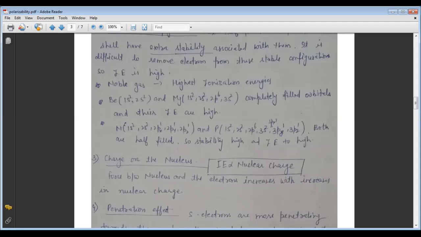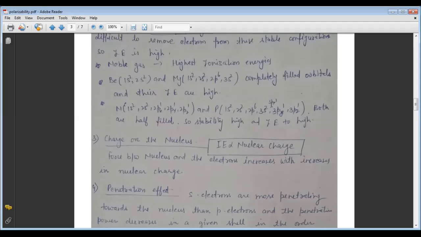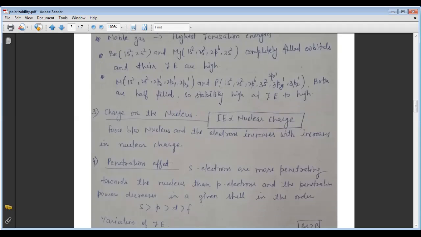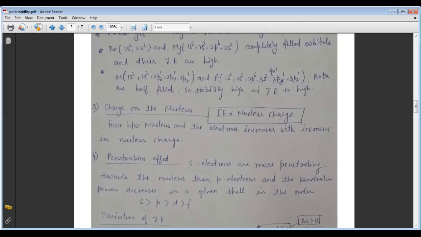Now the third point: nitrogen and phosphorus. The electronic configuration of nitrogen is 1s2 2s2 2px1 2py1 2pz1, which means 3 electrons are present in the 2p orbital. For phosphorus, it is 1s2 2s2 2p6 3s2 3px1 3py1 3pz1.